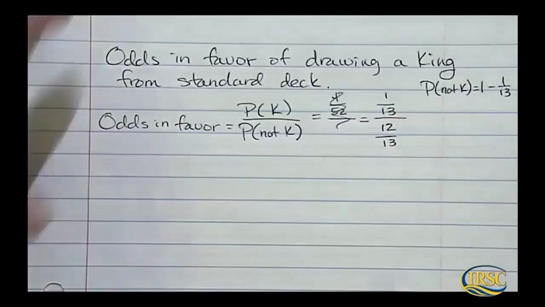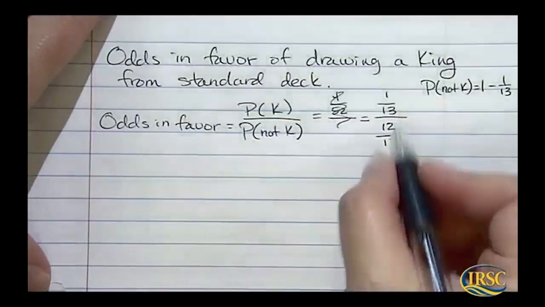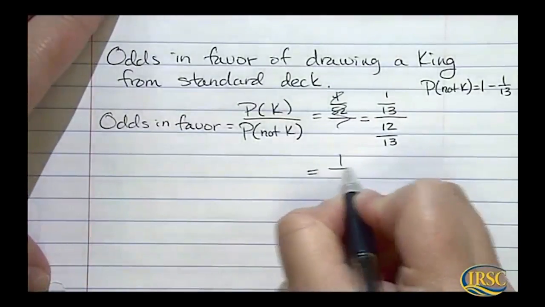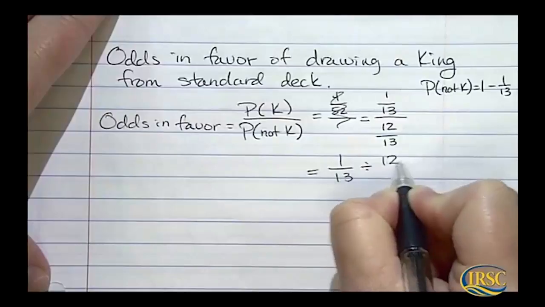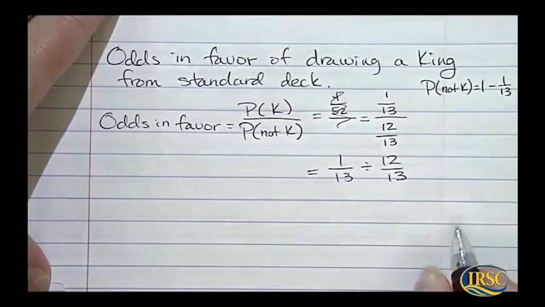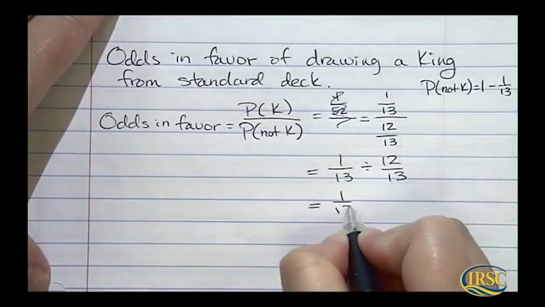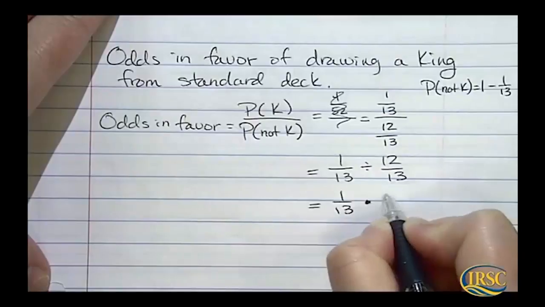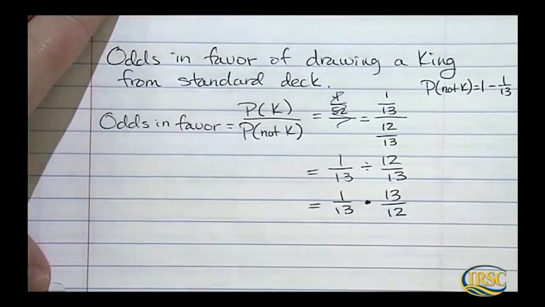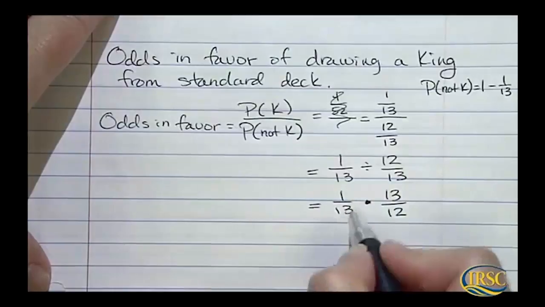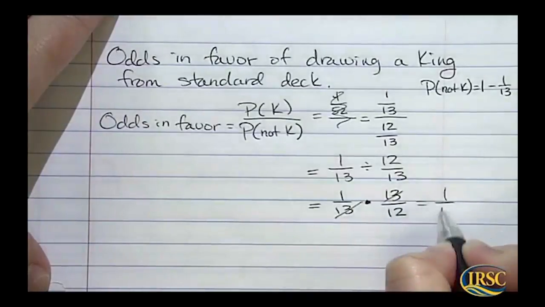So 12 over 13. Remember that this is a division problem, 1 over 13 divided by 12 over 13, or what you're really doing is the numerator multiplied by the reciprocal of the denominator. What happens to my 13s? They cancel, and so I get 1 over 12.